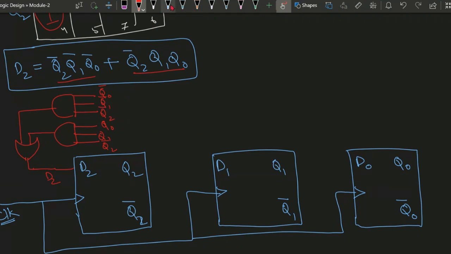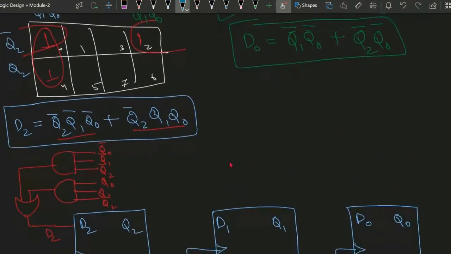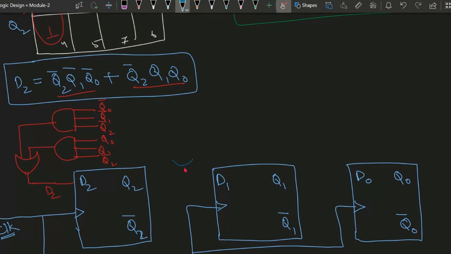Similarly for D1. What is the expression for D1? This is the expression here. It will require an OR gate and then two AND gates. 3 inputs will be here also, and 3 inputs will be here also.